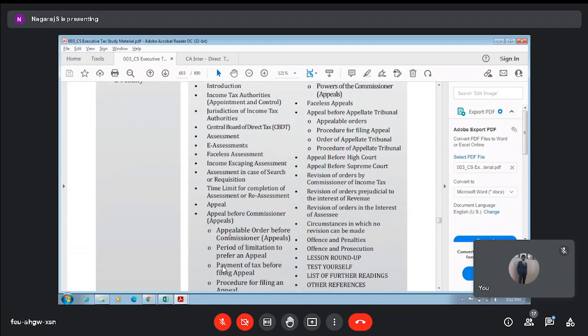As I told you now, appeal to Commissioner, appeal to Appellate Tribunal ITAT, appeal to High Court, appeal to Supreme Court. You need to understand the time limit. Time limit means within how many days you can apply to the High Court, Supreme Court, Tribunal or Commissioner.